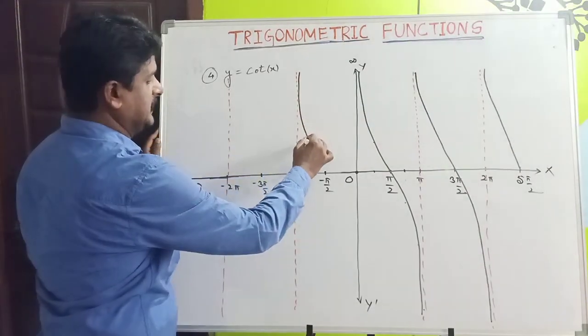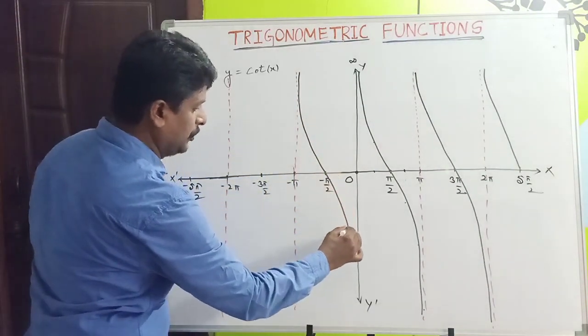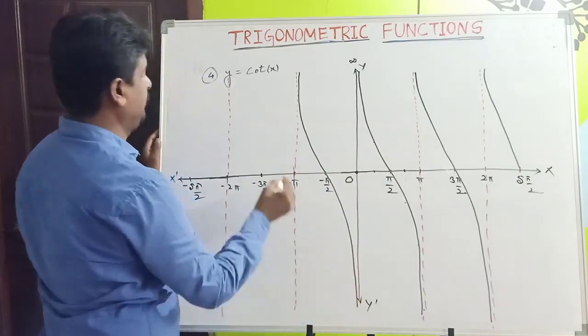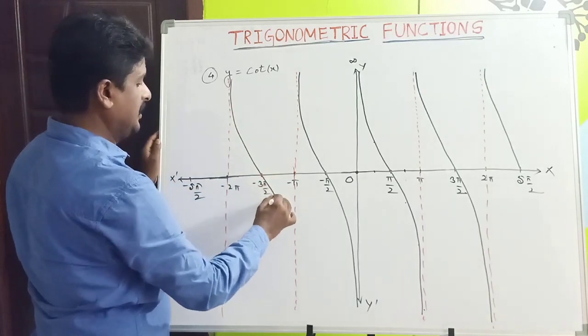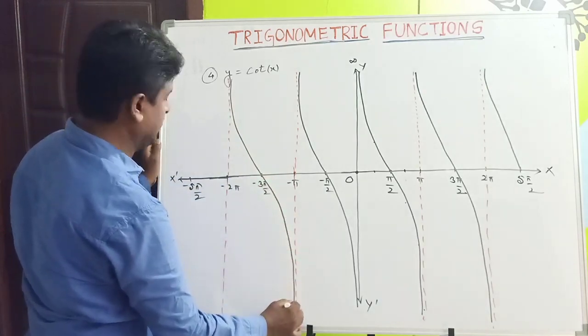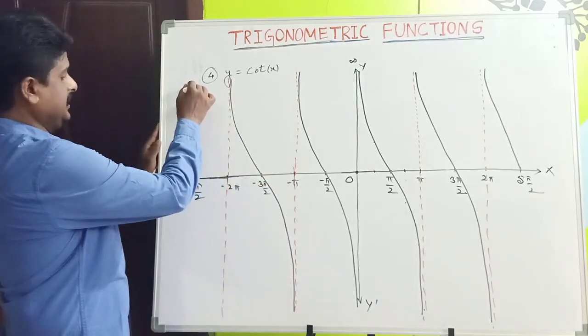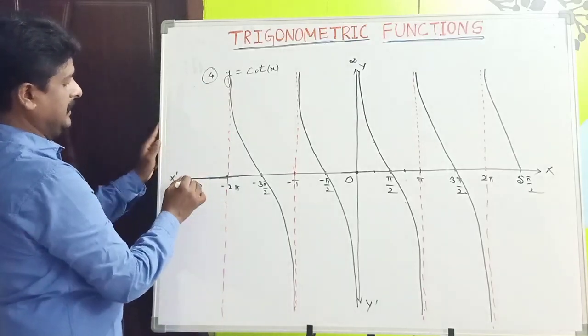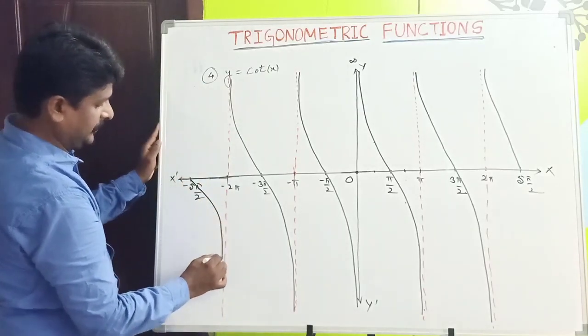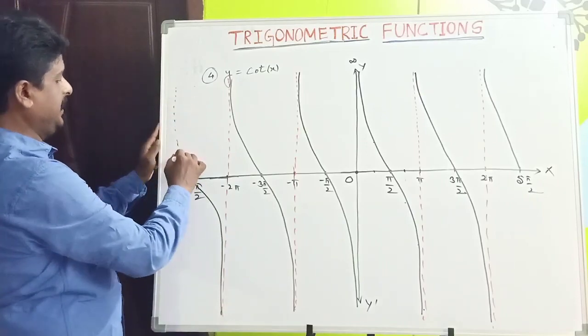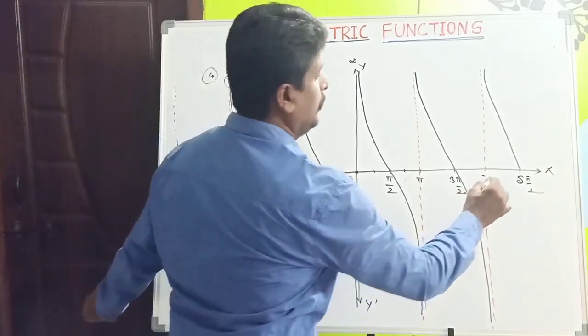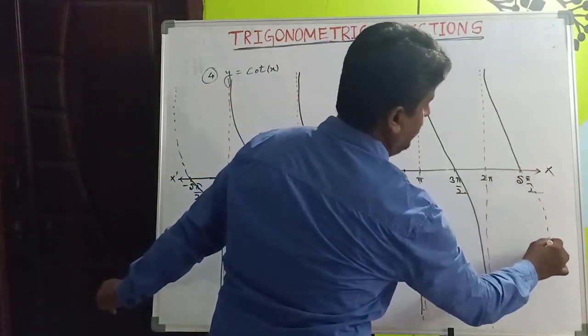Next, minus pi to 0, this is the graph. Similarly, minus 2 pi to minus pi, this is the graph. Thereafter, this is the graph. So the above x-axis branch is not there. It may be like this. Here the below x-axis graph is not there.